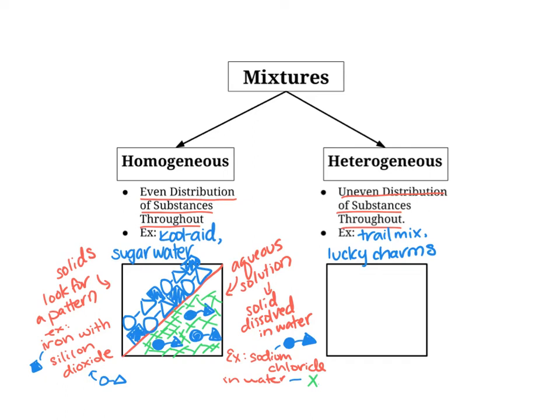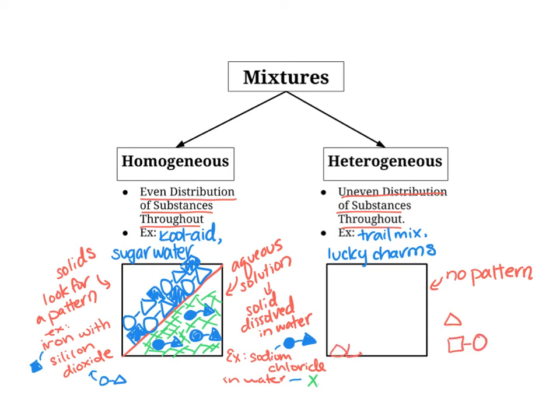So when we're drawing a MOM diagram for a heterogeneous mixture, we're going to try to draw it with no pattern to it. So maybe chunks of something in a corner. Again, we want to try to show that uneven distribution. So if I was going to draw an example of this, we'll just do something with triangles and squares bonded to circles.